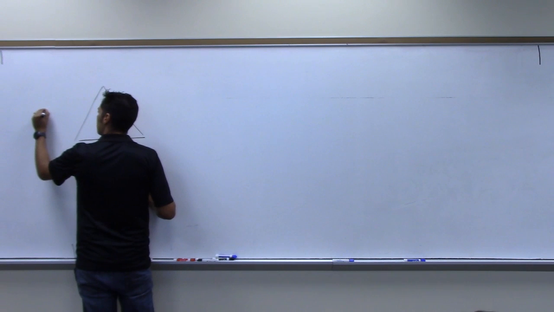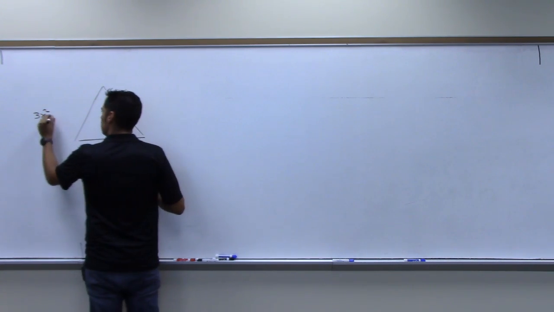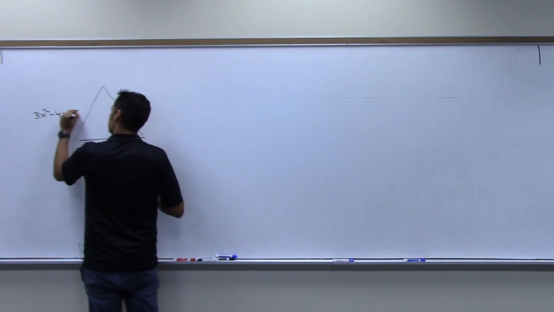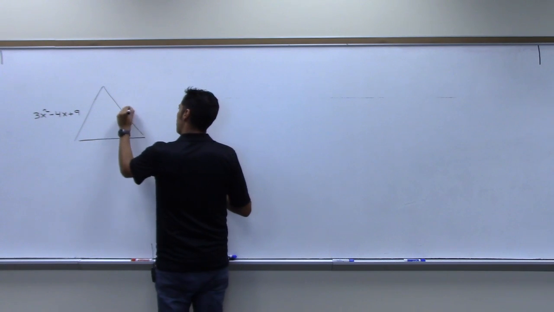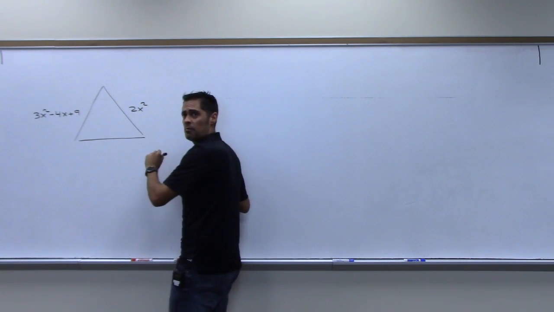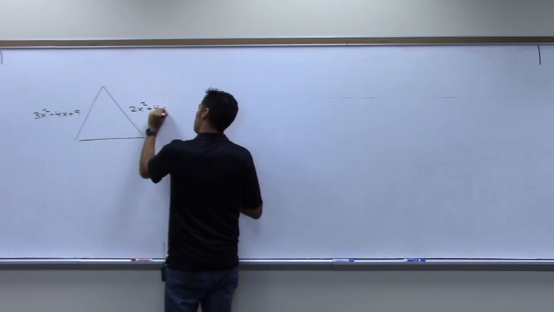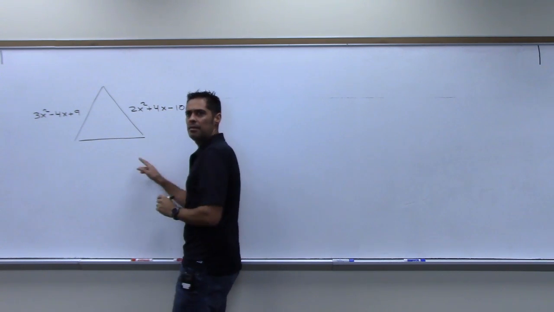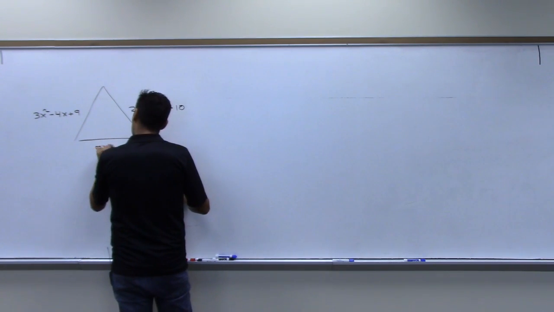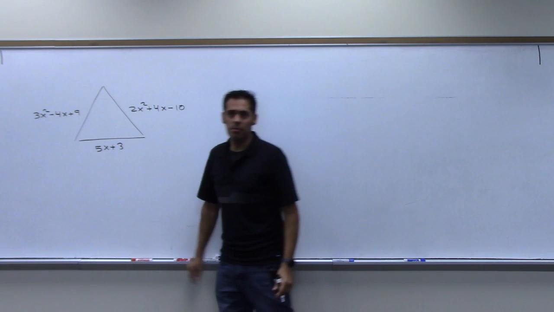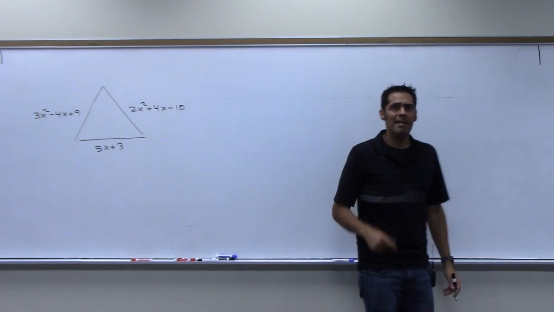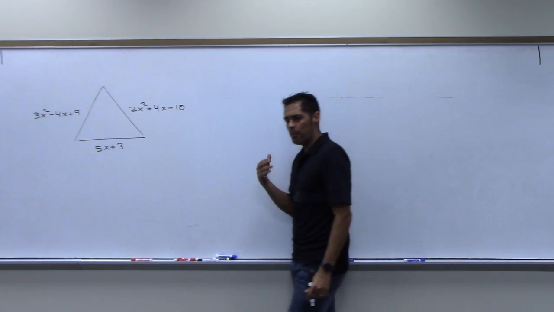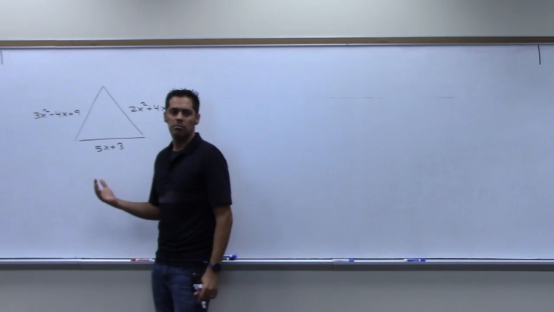That this one is 3x squared minus 4x plus 9. That this side is 2x squared plus 4x minus 10. And the bottom side is 5x plus 3. And it asks you to write a polynomial that represents the perimeter of this triangle.